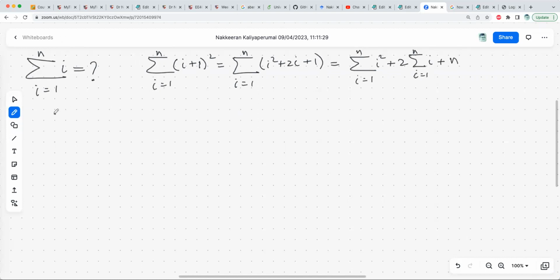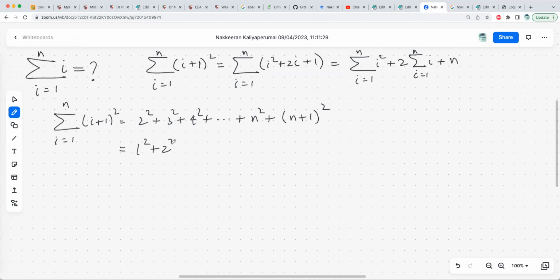The other side: start with the summation of (i plus 1) whole squared, i equal to 1 to n, which is nothing but 2 squared plus 3 squared plus 4 squared plus dot dot dot plus n squared plus (n plus 1) whole squared. Now in this, we add 1 squared plus 2 squared plus 3 squared plus dot dot dot plus n squared, and (n plus 1) whole squared minus 1 squared.